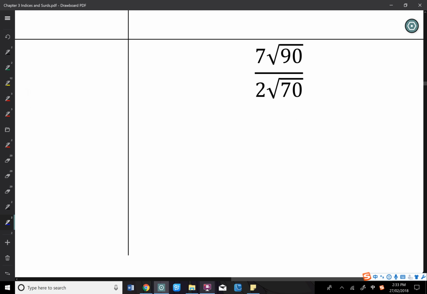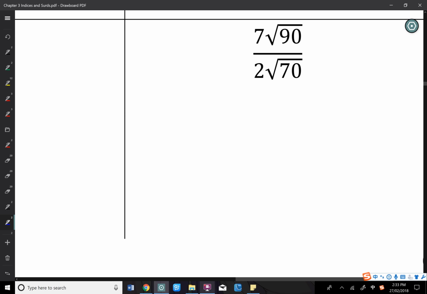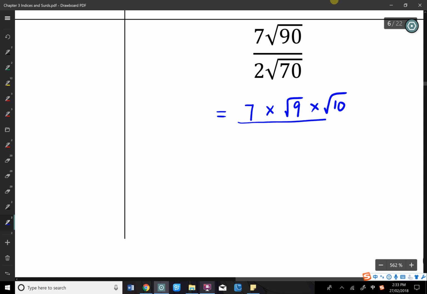Okay, let's have a look at this one, the right corner one. This is a very interesting example. As the numbers are very large, I'm not going to times root 70 on both top and bottom. Because what I can do is, the top is 7 times root 9 times root 10, and the bottom will be 2 times root 7 times root 10.